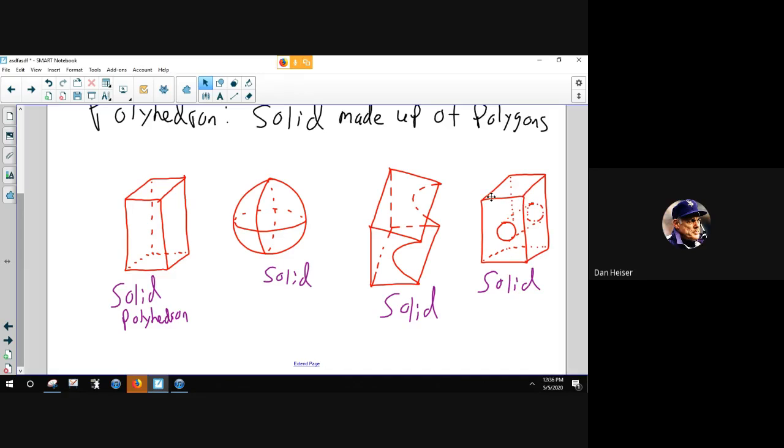We have a polyhedron almost, but it's got this hole drilled all the way through. That makes this shape with this little hole right here not a polygon. No polygons have holes punched in them. So this cannot be a polyhedron. It is just a solid. Really, the only difference between the two terms is strictly made of polygons only.